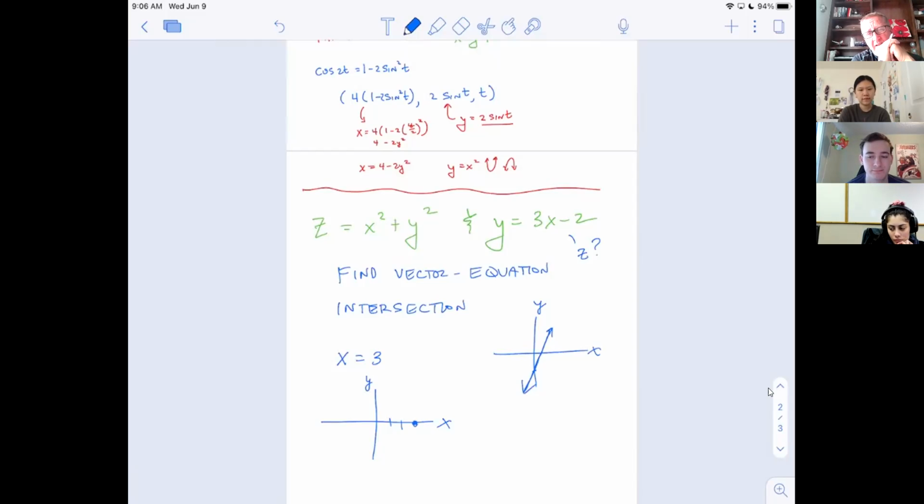No. No y is stated. Therefore, what is y? Y is everything. Y has not been limited. So x is 3, y is 0. That's an answer. So is x is 3, y is 1. So is x is 3, y is 2. So is x is 3, y is -1. So is x is 3, y is -2, and all the decimals in between.